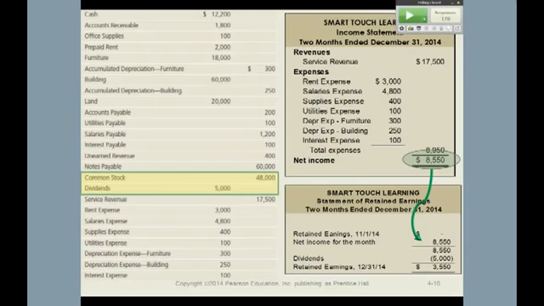We talked about that earlier, about counting the supplies that remain and making sure that we have the proper expense. Okay, so here's the balance sheet. I'm sorry, in the dividends, rather. So the dividends, again, would come also in the statement of retained earnings. Okay, we're going to get to the balance sheet in a second.